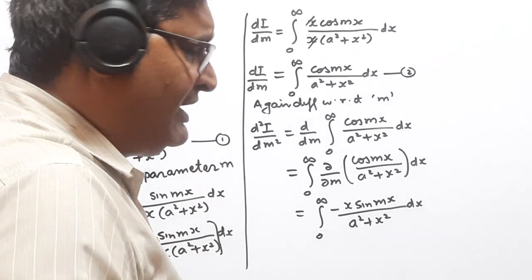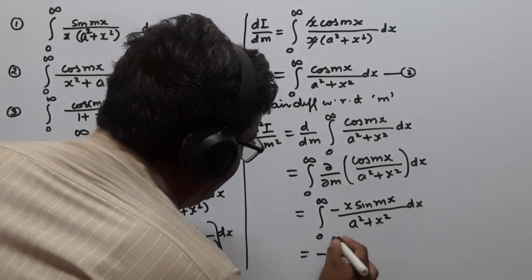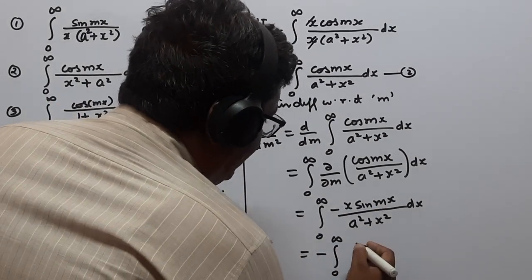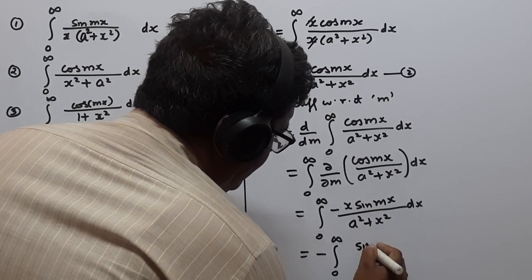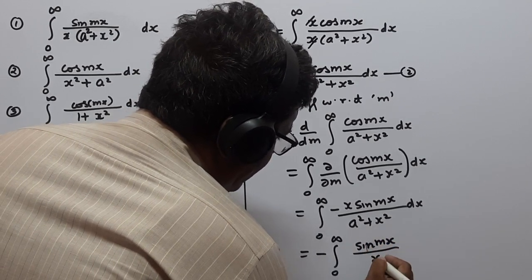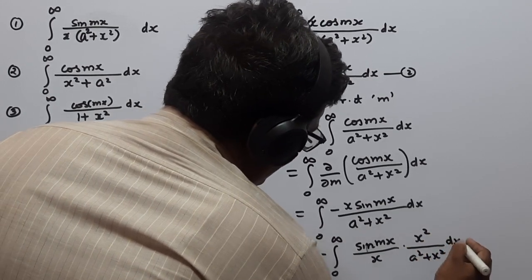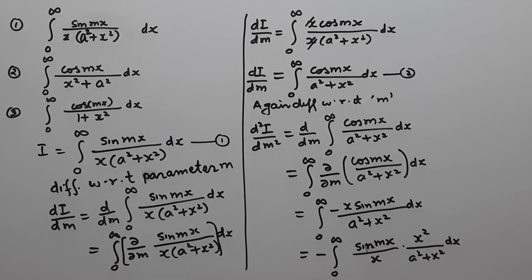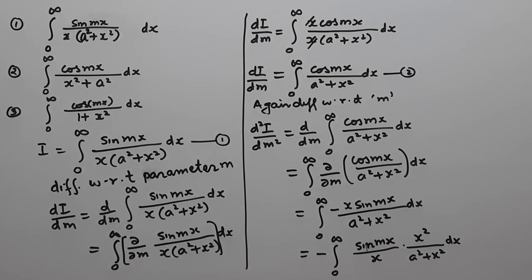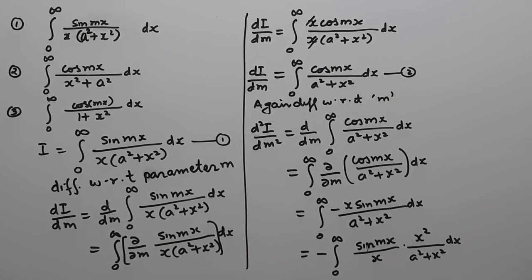Now we can see that this integral can also be written as sin mx divided by x, multiplied by x in the numerator. You can see here we multiply by x in the numerator and x in the denominator, and we get sin mx upon x multiplied by x square upon a square plus x square.